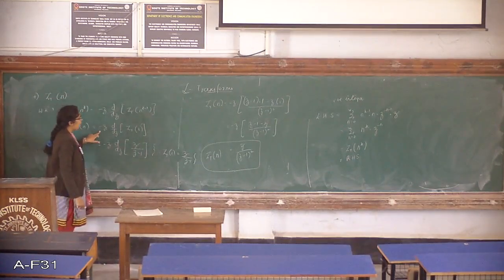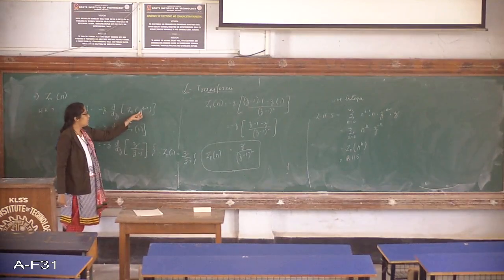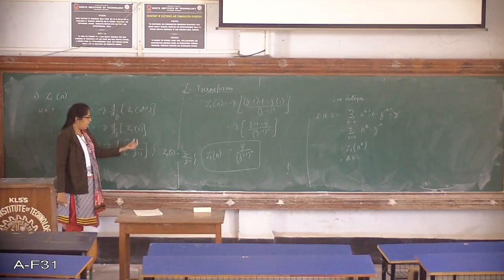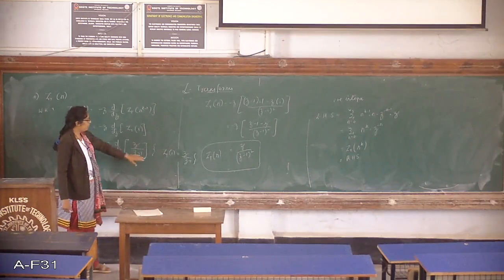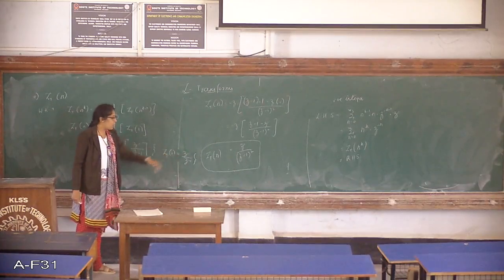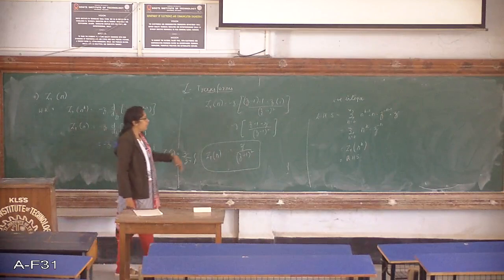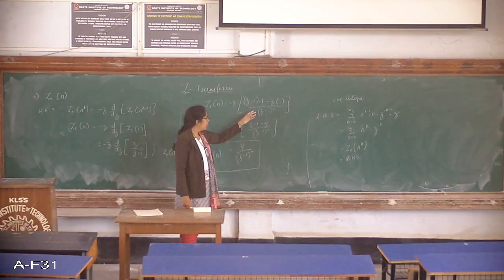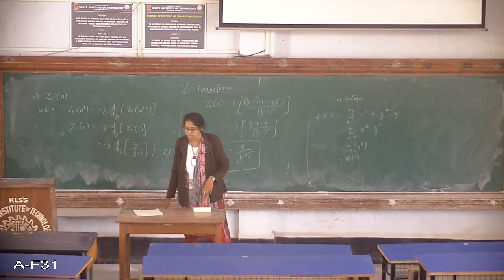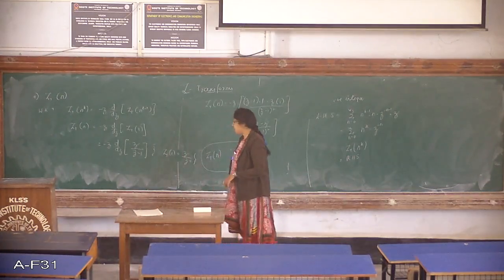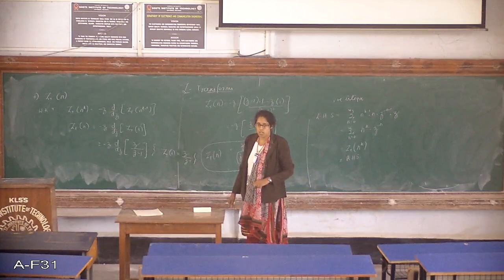So k is taken as 1, 1 minus 1 is 0, so n raised to 0 is 1, and then I have made use of the result that z transform of 1 is z by z minus 1, and then differentiated by making use of the quotient rule. I have just simplified, and this is the result for z transform of n, which is z by z minus 1 the whole square.